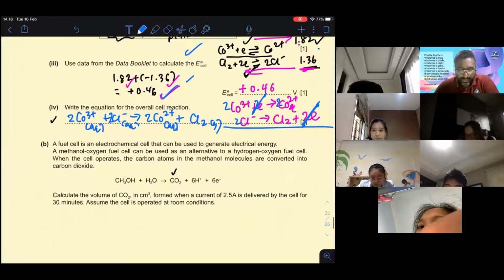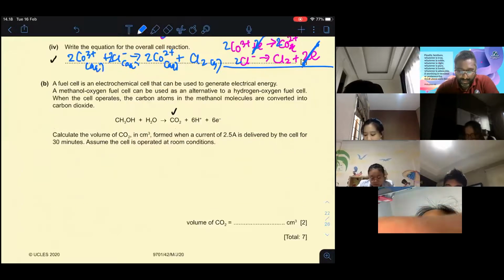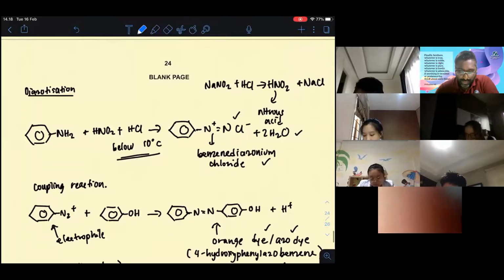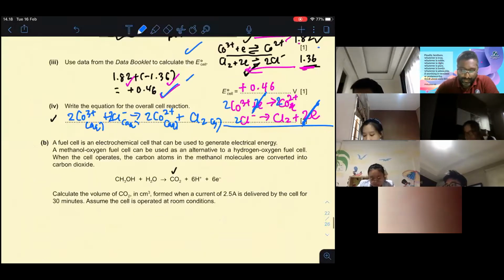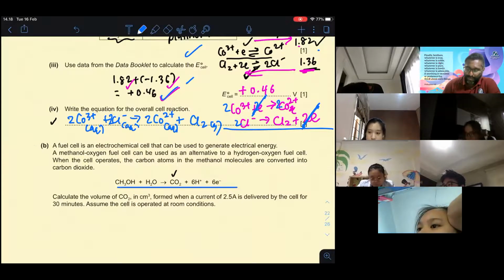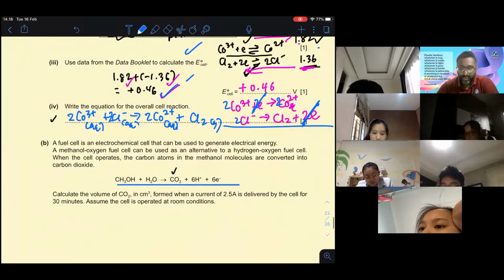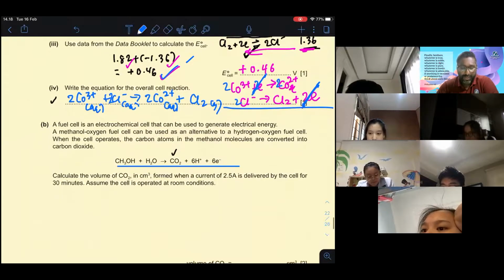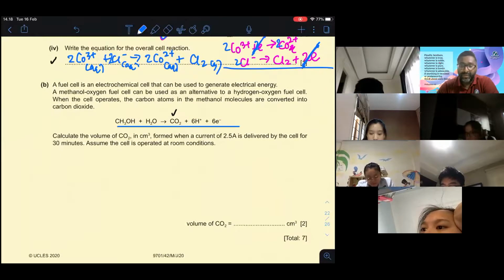Now, a fuel cell is an electrochemical cell that can be used to generate electrical energy. So you have this methanol oxygen fuel cell. They have given you this, but the question wants you to calculate the volume of CO2. This is very important, the beginning part of the calculation.